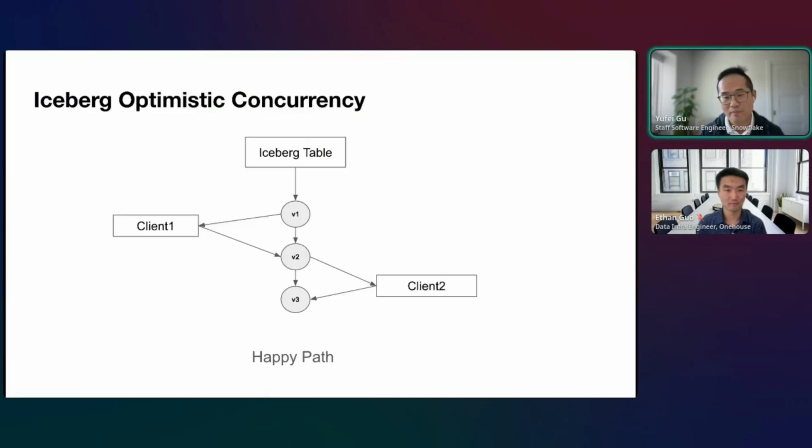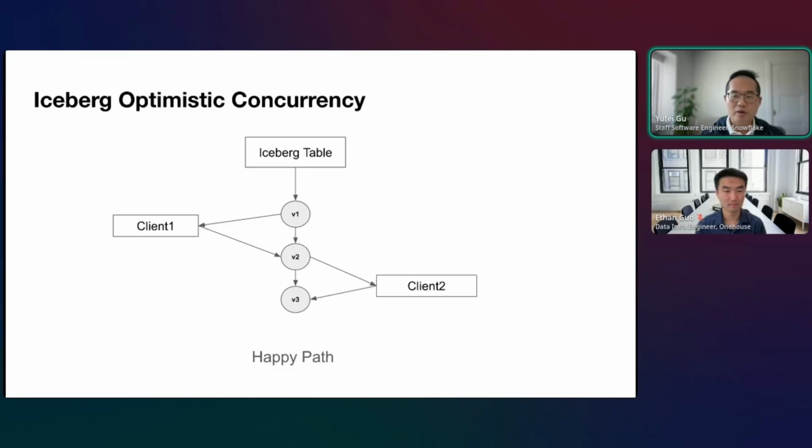Okay, looks like we need a better catalog. But before we dive into better catalogs, I want to briefly introduce the Iceberg commit model. We call it optimistic concurrency. For each Iceberg table, we can have multiple versions. Every time we make a change to the Iceberg table, a new version is generated.